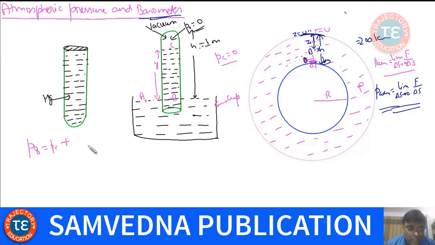So suppose Y is the height, then we can say PB equals PC plus rho g y, and PC is 0 because at C you have vacuum only, so it is rho g y. So pressure is rho g y, and this Y has been found to be, in this case, 76 centimeter.